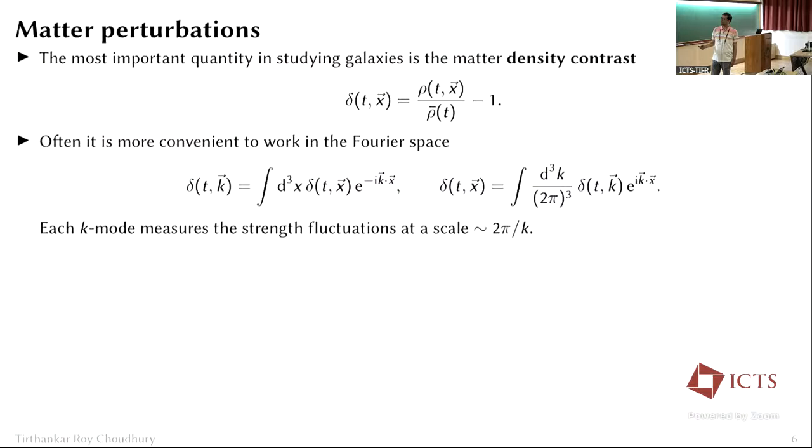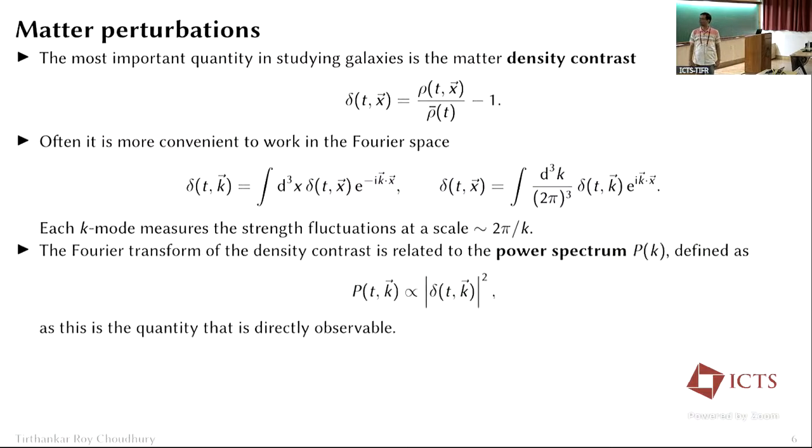What happens is in the Fourier space, which is written in terms of a variable k, which is the conjugate variable to x, the quantity evaluated at that k basically measures the strength of fluctuation at a scale of the order of 2 pi by k, which is kind of the wavelength of those perturbations. So small k means you are measuring the perturbations at large scales and vice versa. So this is something to keep in mind. k plays the role of inverse of the length scale.